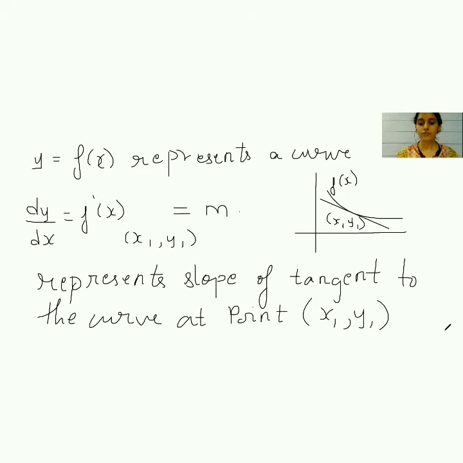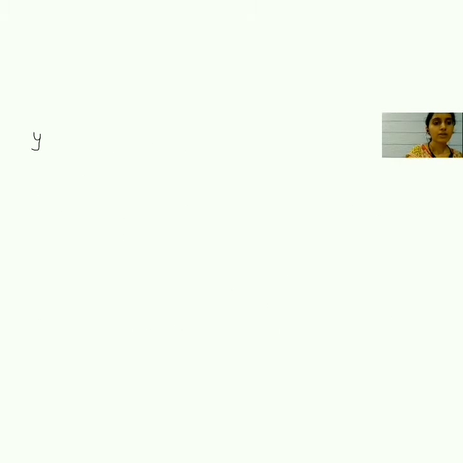Now, if this is the slope of the tangent, then how do I write the equation of this tangent? So the equation of the tangent will be given by y minus y1 equal to m into x minus x1. We have done these equations of lines previously, so any one form you can use.